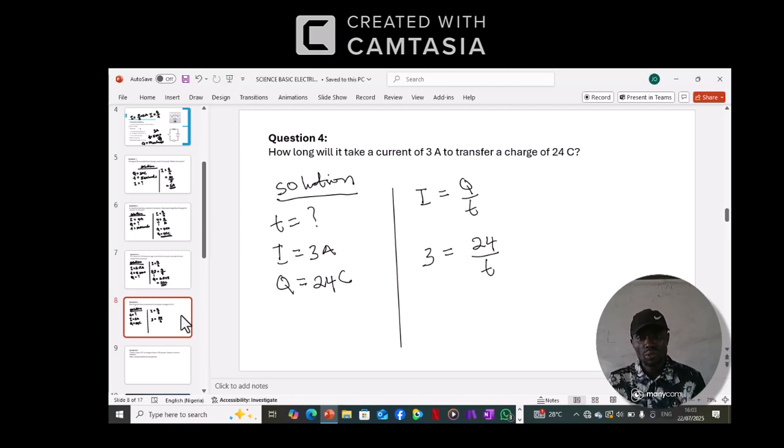That's what we are looking for. When you cross multiply, 3 times T equals 24. Then divide both sides by 3.